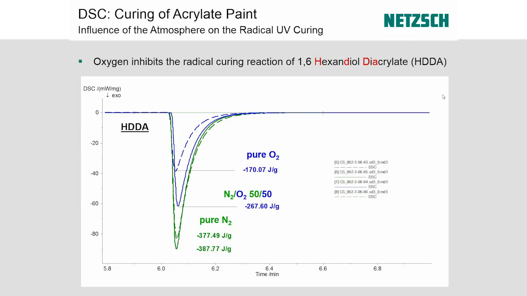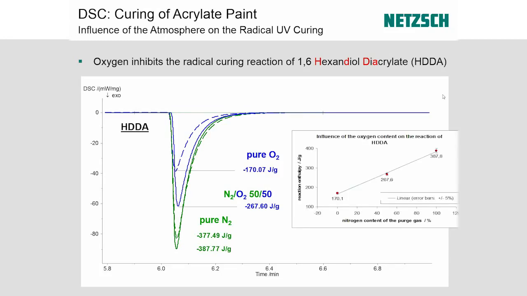And from the enthalpy of these cures, the amount of heat coming out, we can tell that in pure nitrogen, it's more than double the amount of curing that we get versus pure oxygen. Now, this can be very important because what this is doing is inhibiting the cross-linking reaction, and that heavily affects our final product as well as the amount of energy required to cure. So just based on those enthalpies, you can take the influence of oxygen content on the reaction of this HDDA.